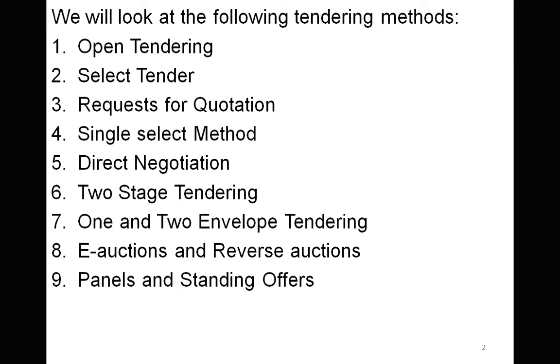Just to recap, a tender is to offer or to present something formally. In our case, the price and the conditions for construction by a specific time and date based on a set of tender documents, which will form the basis for the contract.